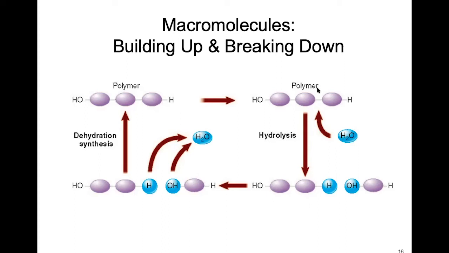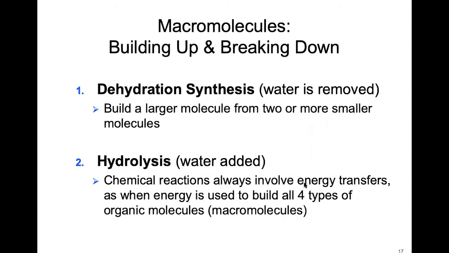Water is actually breaking those bonds that we formed previously so that we can use the individual monomer. So building up macromolecules, we go through dehydration synthesis, and breaking them down, we go through hydrolysis. And that summarizes what's happening with water and what you're doing.